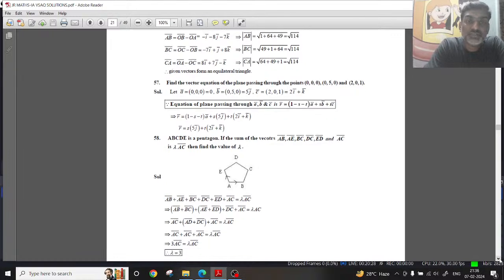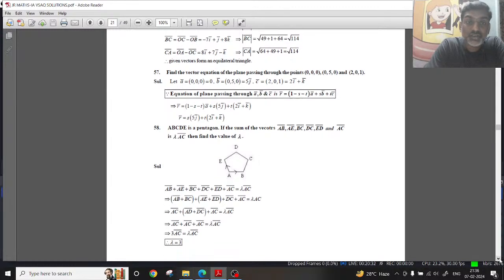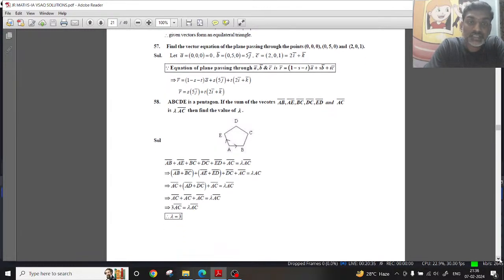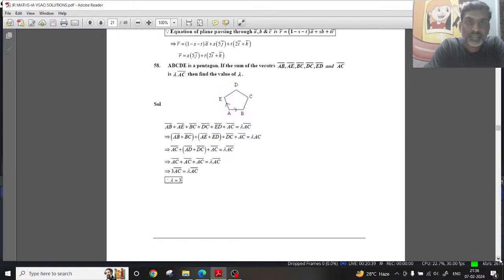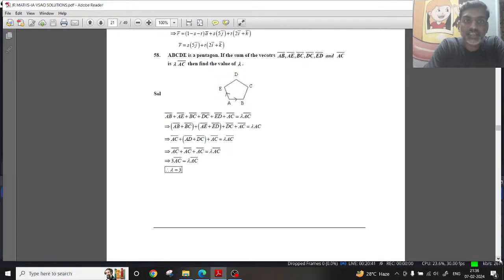See, most of the questions, not like most, many of the questions are related to vector equations. That's why I'm telling you, we can expect the question from vector equations in the exam. And 58, ABCDE is a pentagon. Sum of the vectors is lambda AC.